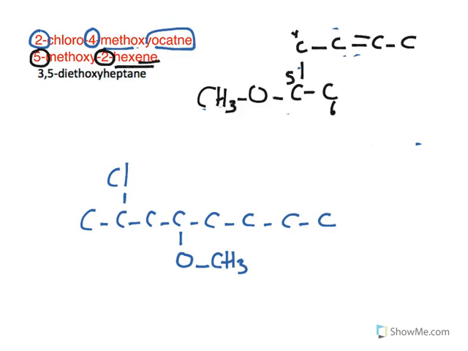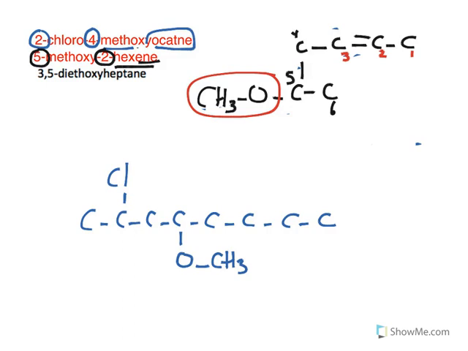In the case of naming an ether that contains a double bond, the priority now goes to the double bond. So we should start numbering the carbon chain from the side closer to the double bond. This is why we started numbering from here: 1, 2, 3, 4, and 5. So the methoxy was on the 5th carbon.